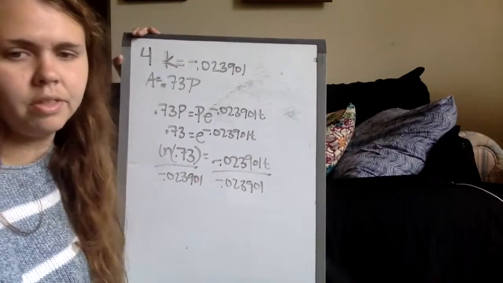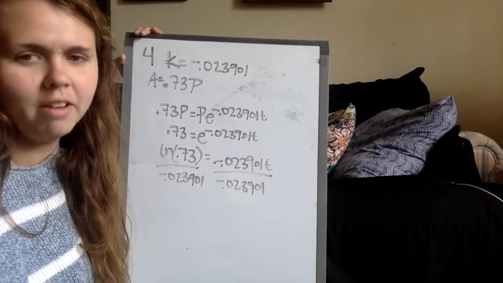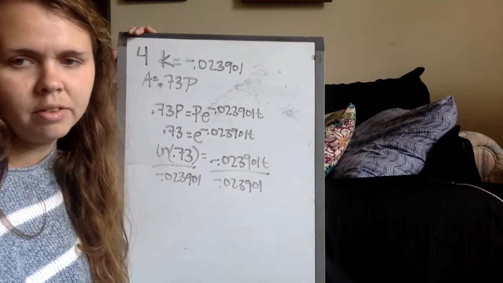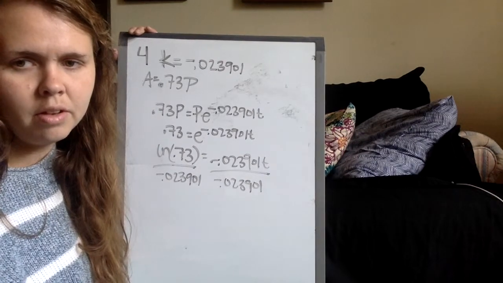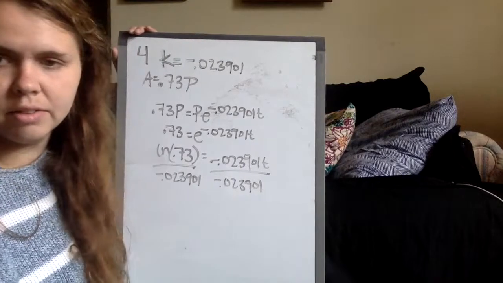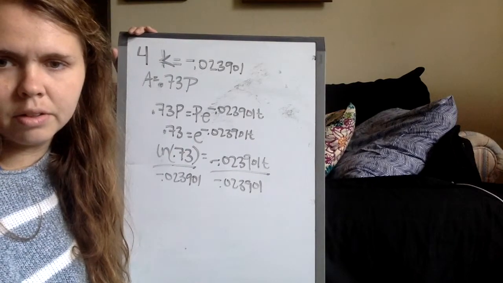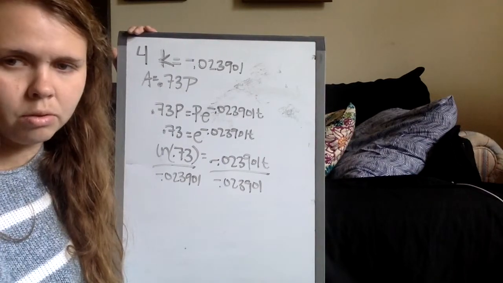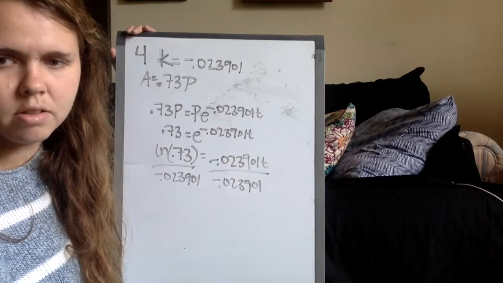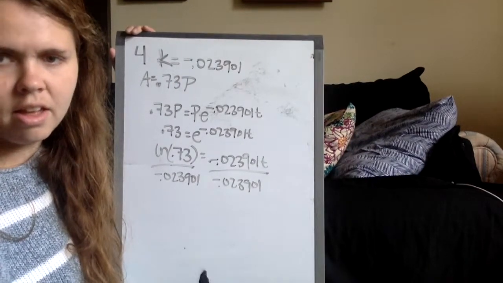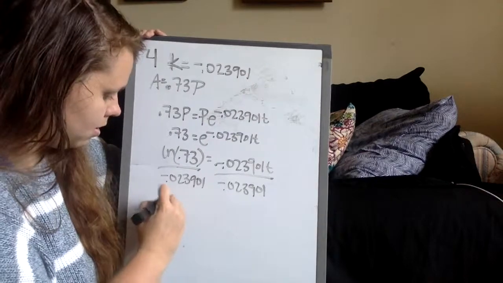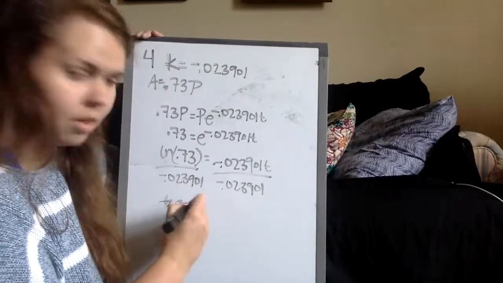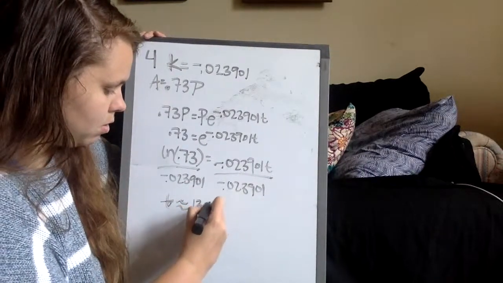And we get, using my calculator again, the ln of 0.73 divided by negative 0.023901, and that gives me approximately t equals 13.2 years.